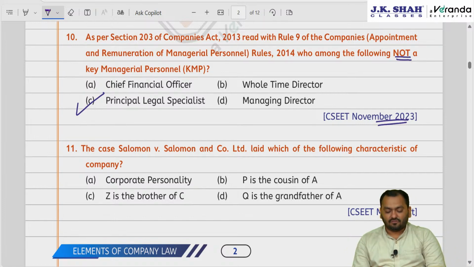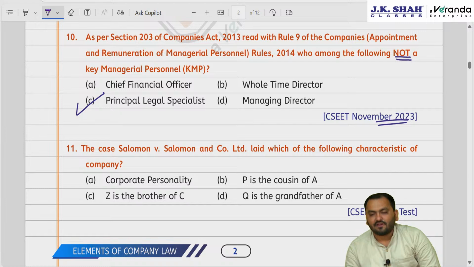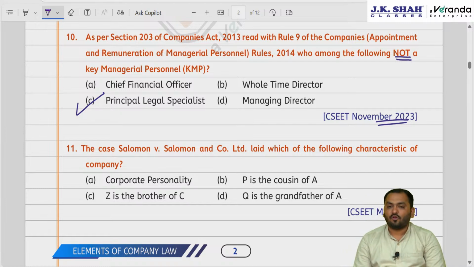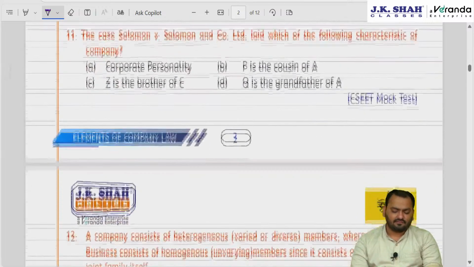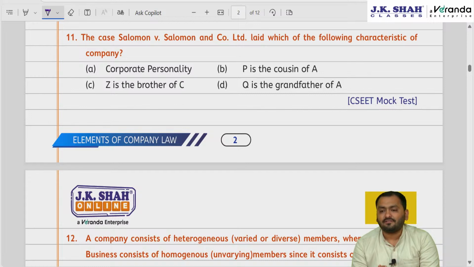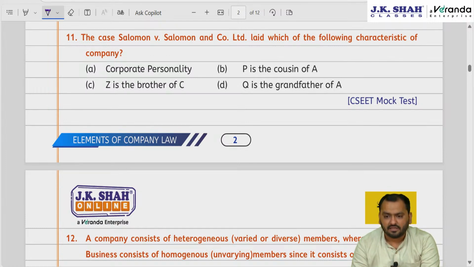The case Salomon versus Salomon and Company Limited led to which of the following characteristics of company? Yes, Salomon versus Salomon and Company Limited, very famous case law. This case law explains us what? This case law explains us corporate personality. This case law explains us that company is different from the members forming the company.